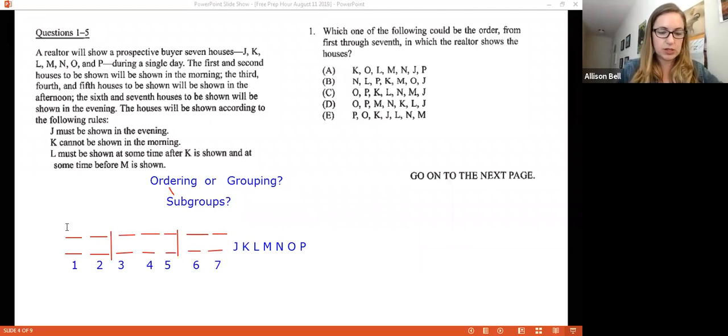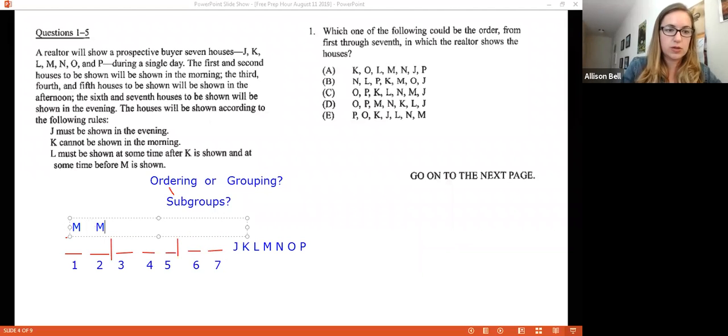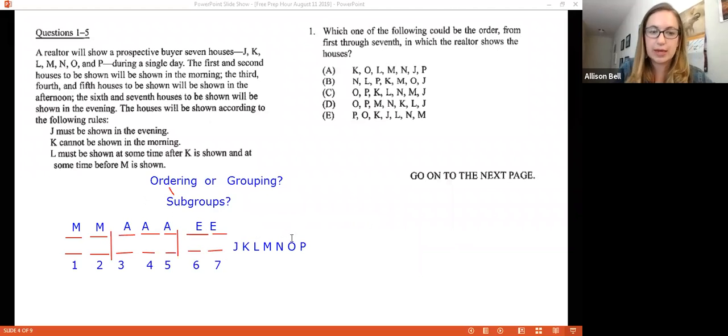In this case, since we already know, we can just put M's for morning, A's for afternoon, and E's for evening, and that would also be a way to handle the subgroup. And when we do that, we label this 3D ordering.